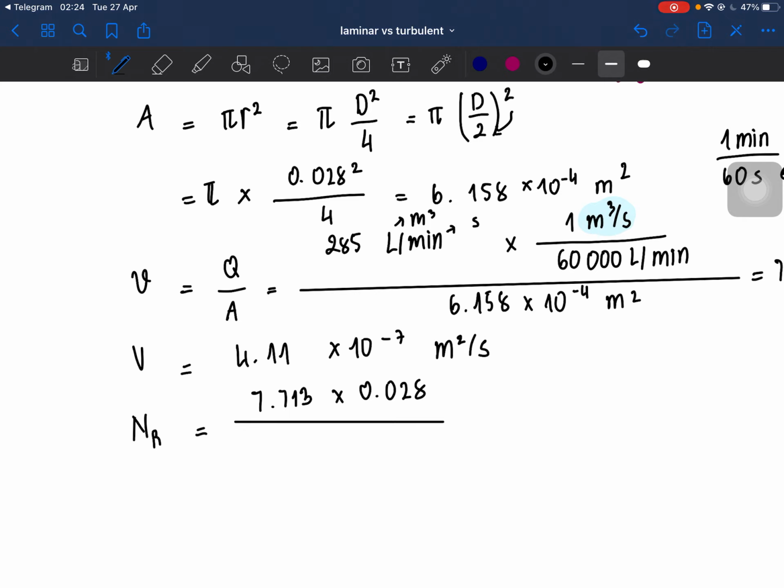We have over 4.11 times 10 to the power of minus 7. The number is quite large.